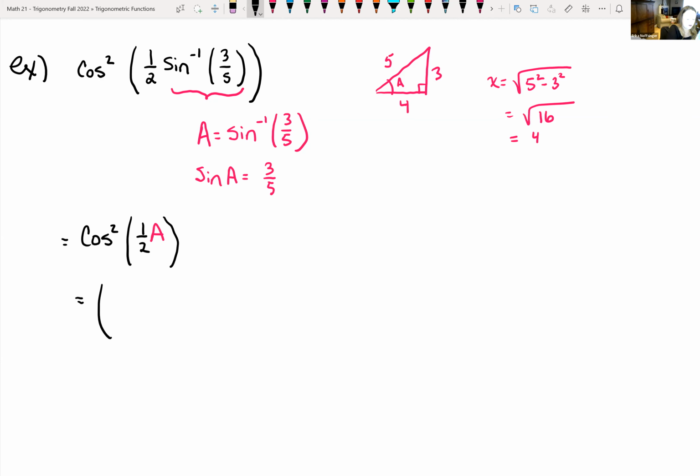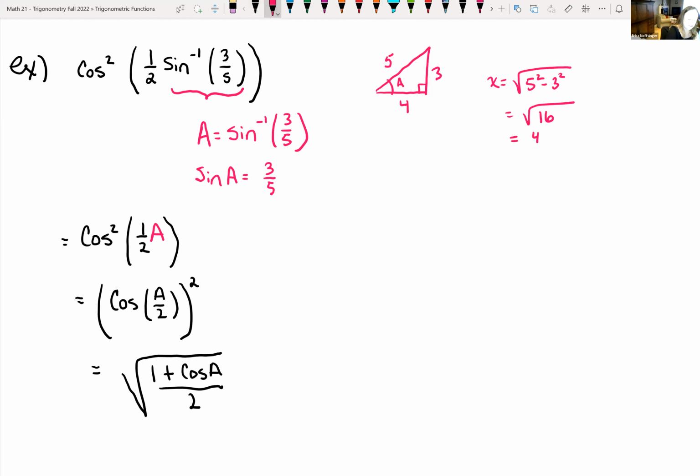This is the same thing as the quantity of cosine of 1/2 times A, or A over 2, if you want to write it that way, quantity squared. So we don't know what cosine of A over 2 is, but we do know the half angle formula for that cosine of A over 2. So it's the square root of 1 plus cosine of A all over 2.